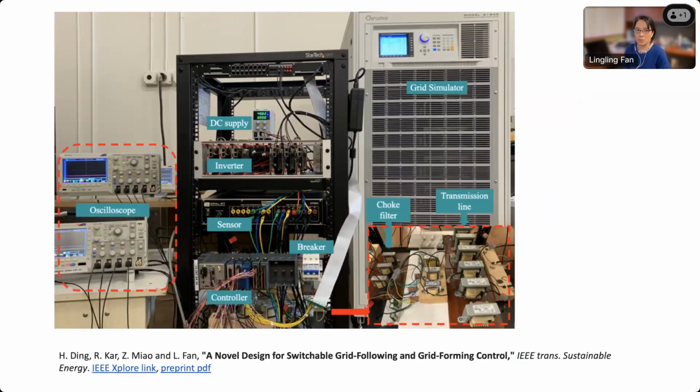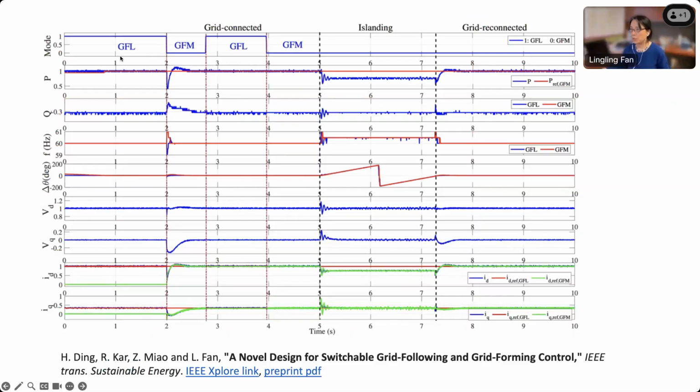It has been implemented in hardware in National Instruments, and you can see it here, tested in the hardware test bed. And we can put the GFL and GFM together because this is very easy to co-design. You can share lots of components here, do control switching, and do grid islanding and grid reconnecting. Everything works super nice. Okay, so that's the design of vector control.